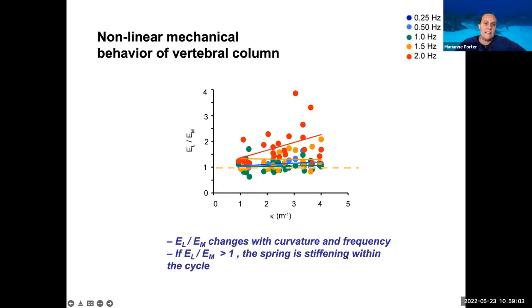And when we look at that index of stiffness at largest strain to minimum strain, one of the things we can see is this reference point. So if we're seeing changes in curvature and frequency, we're going to be above 1 if the spring is stiffening within the cycle, and below 1 if our spring is softening.